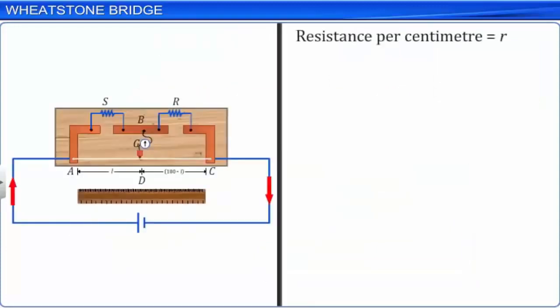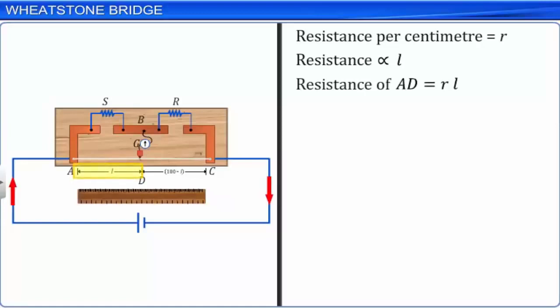As the area of cross-section of the standard wire is constant, its resistance is proportional to its length. Thus, the resistance of the AD part of the wire is equal to R into L, and the resistance of the DC part of the wire is equal to R into 100 minus L.